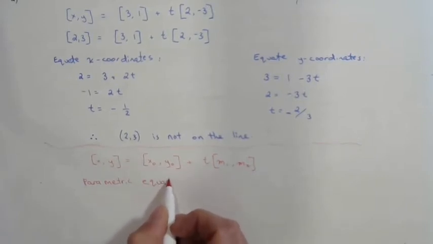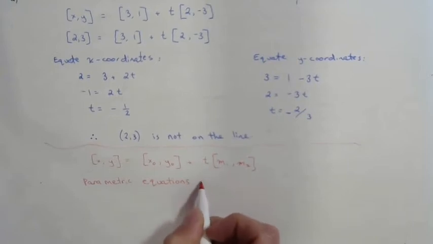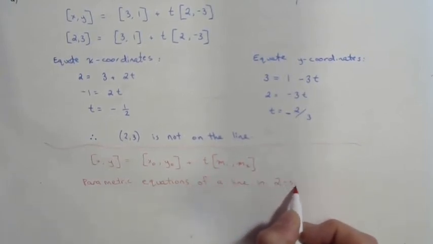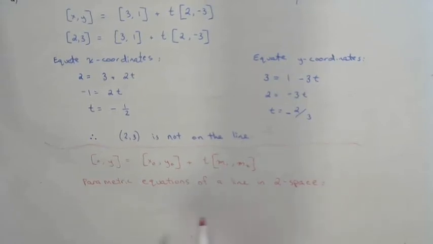So our parametric equations of a line in 2 space are, we have an x coordinate equal to x naught plus some scalar multiple of m1, and y equals y naught plus some scalar multiple of m2.